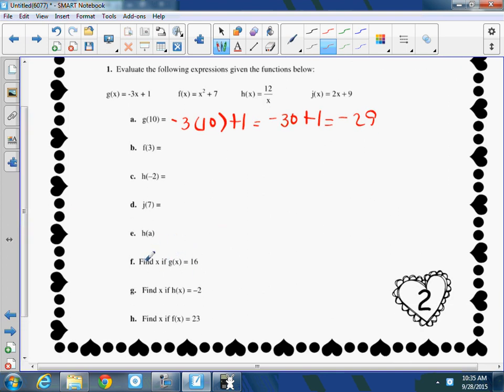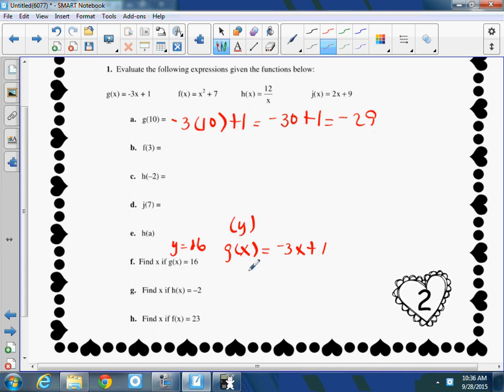Now, this one is a little different because you have to find x if g of x equals 16. Now, remember, g of x is the same thing as y. So in here, y equals 16. So I'm going to go to g of x. And then remember, this is y.